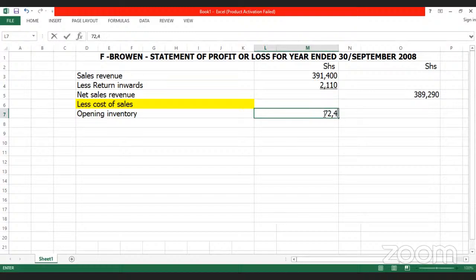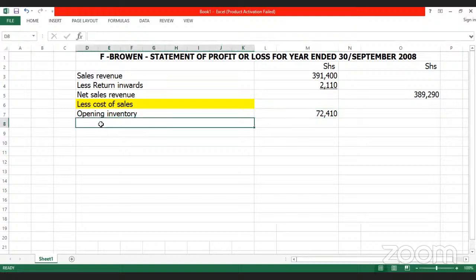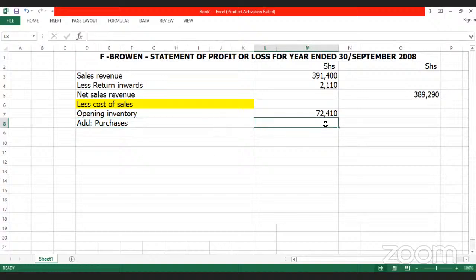That is now our opening inventory here. On that, we are going to add the purchases that were made during the year. So how much were the purchases? 254,810. That is your purchases. You have added the purchases to the opening inventory.